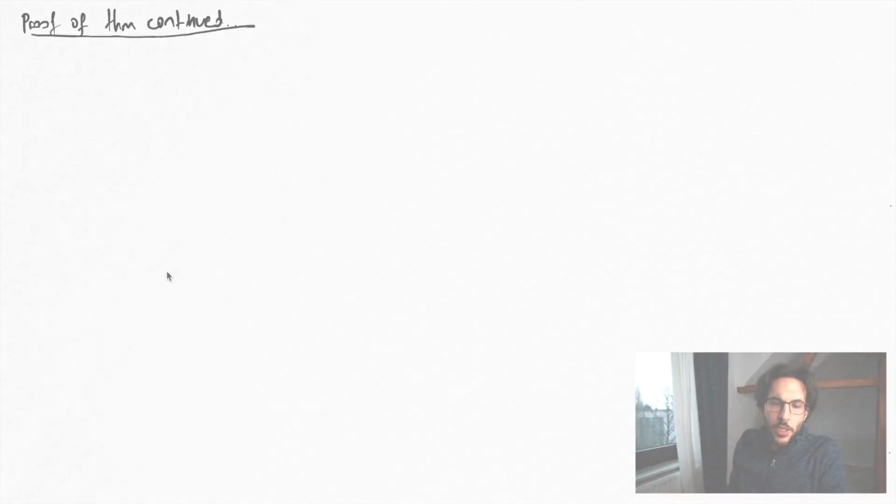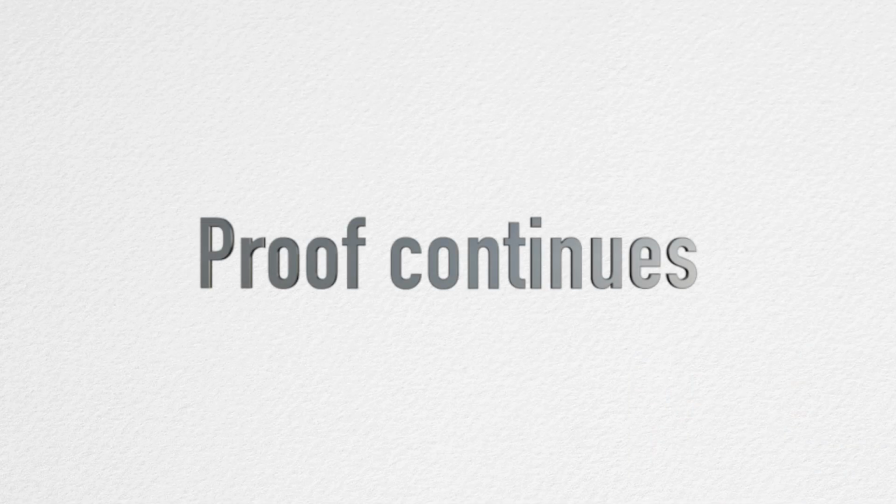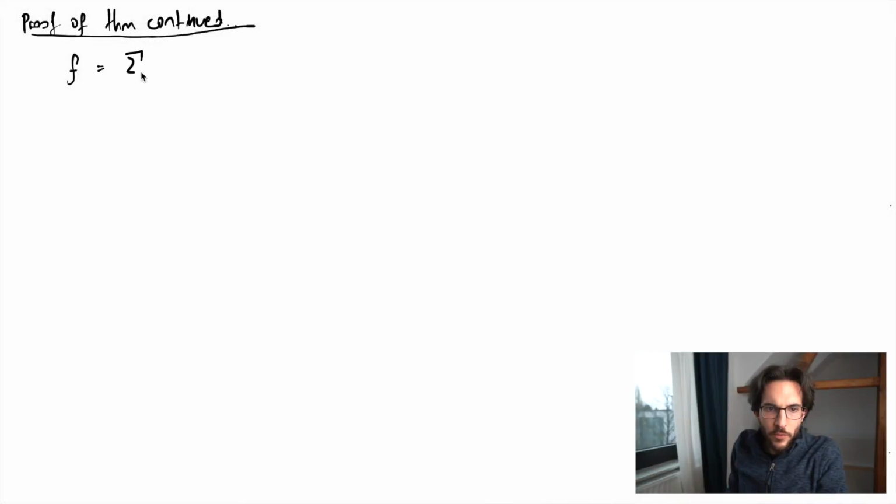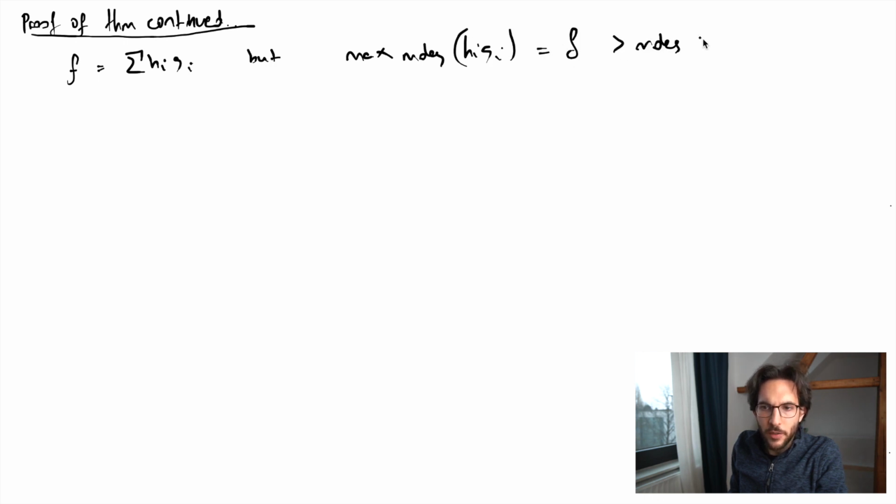So what we want to do now is to assume the worst so that we have f equals the sum over h_i g_i, but the maximum of the multi-degrees of h_i g_i is, let's say, delta, which is greater than the multi-degree of f. So in this case, we cannot conclude the theorem saying that the leading term of f is representable by the leading terms of g_i's.